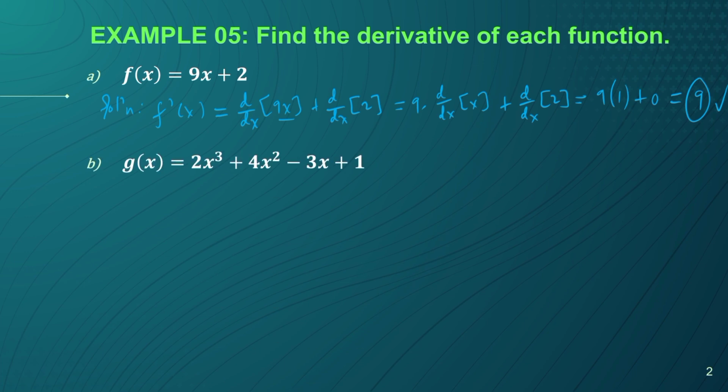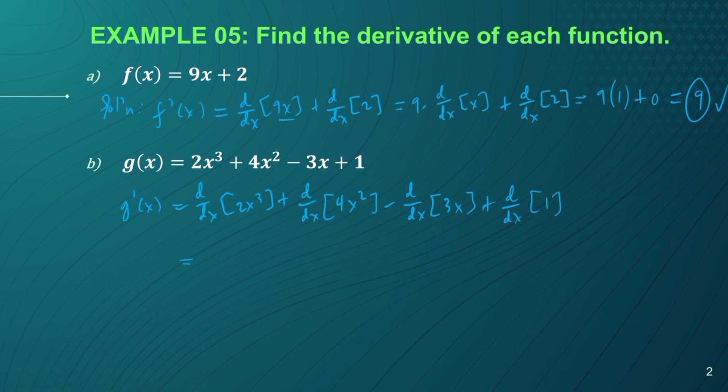Next, let's proceed to the derivative of g of x equals 2x cubed plus 4x squared minus 3x plus 1. First, our g prime of x is equal to d over dx of the expression 2x raised to 3 plus d over dx of 4x squared minus d over dx of 3x plus d over dx of constant 1.